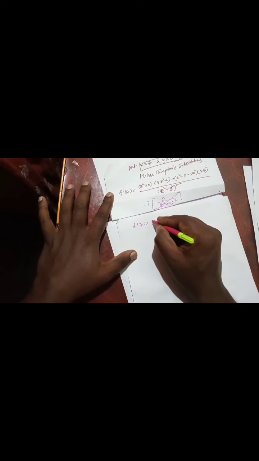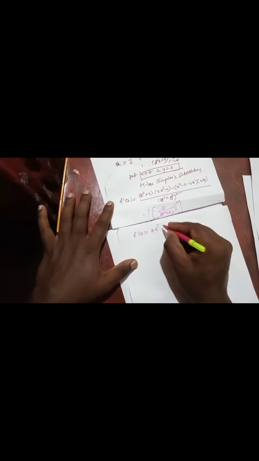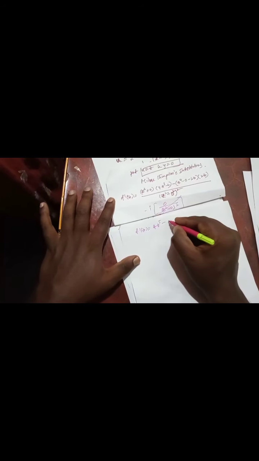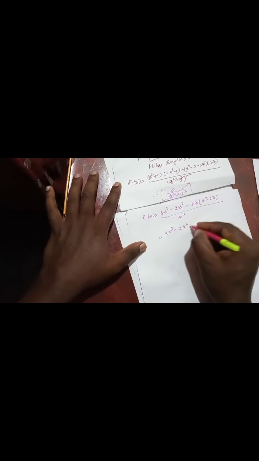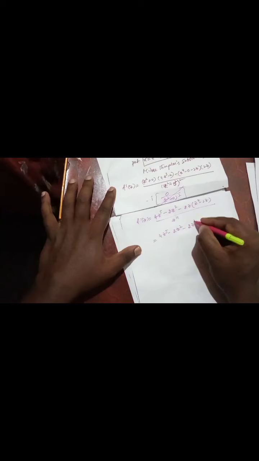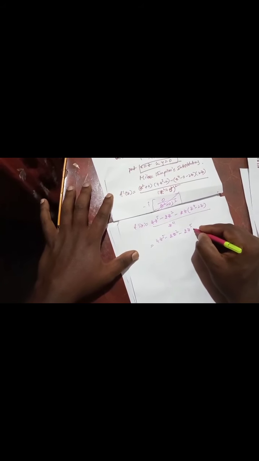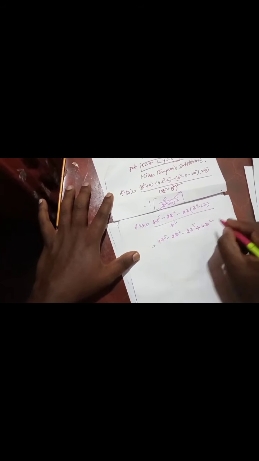Multiplying this out, f dash of z equals [z square into (4z cube) minus (z power 5 minus 2z square) into 2z] divided by z square whole square, that is z power 4. Here this becomes minus 2z power 5 again, and minus into minus plus 2 into 2 is 4z square.